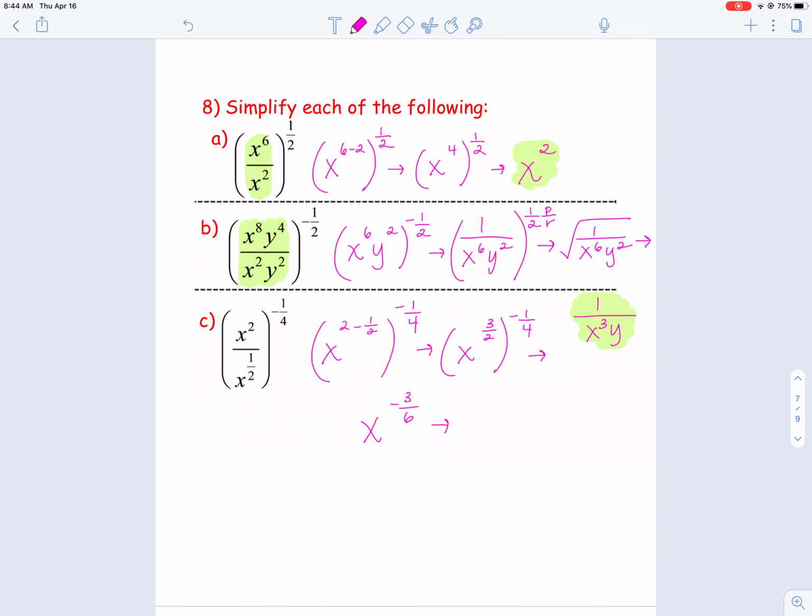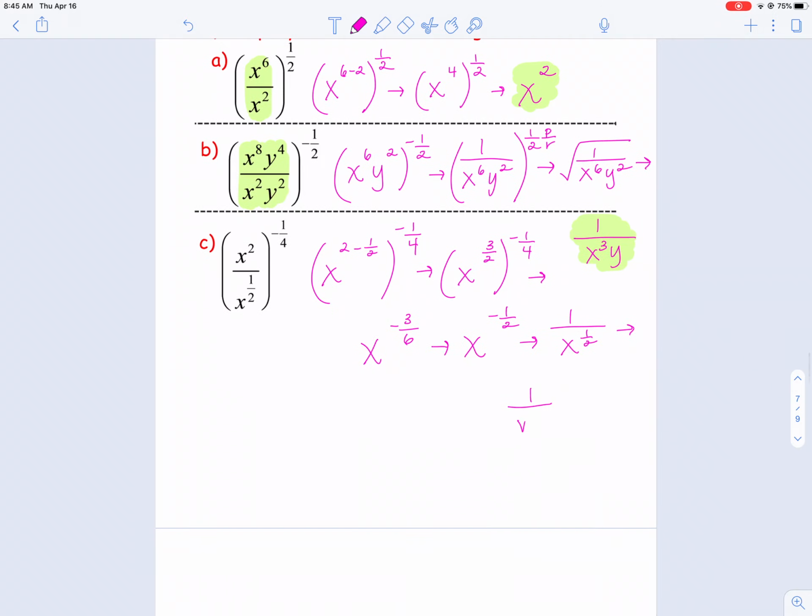Well, negative 3/8 becomes x to the negative 1/2. How am I going to make that positive? Make it 1 over x to the 1/2, which you could say is 1 over the square root of x. And that would be your final answer.